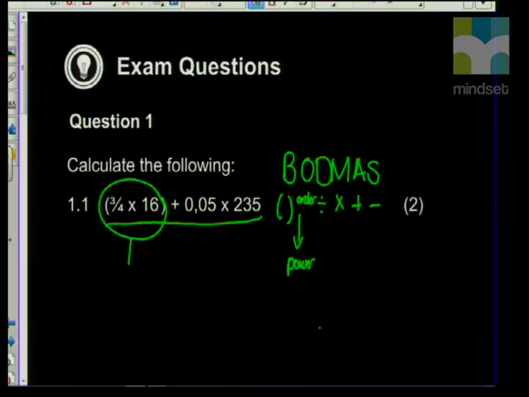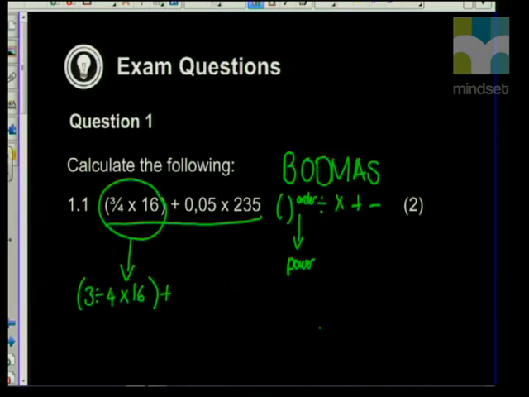If I had to type this onto my calculator, I would type it as 3, and I don't have an over button for a fraction on my basic calculator, so I need to remember that if it's 3 over 4, it means 3 divided by 4, and then times by 16. And I would do that part first.